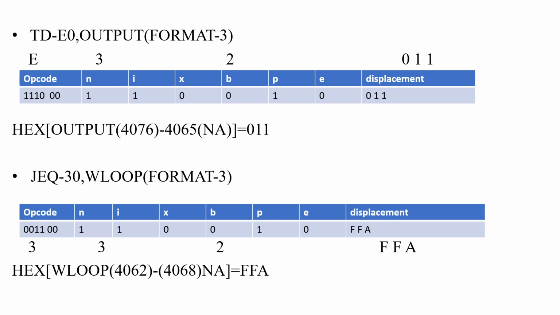Here again N and I are 11, then X is 0, B is 0, and program counter is 1, because the value of W loop is 4062. Again it is of 20 bits which can't fit into displacement, so we need to subtract the W loop address from its next address. We'll get the hexadecimal value as FFA. Again dividing this address into 4-bit format, we'll get 332FFA as the object code.